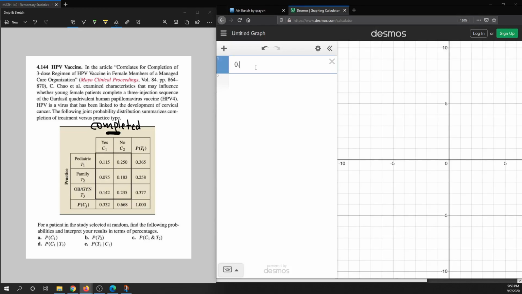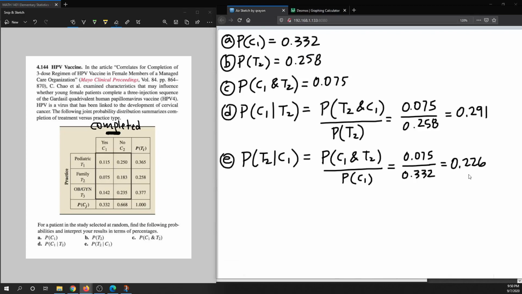All right, and then we would make that calculation. So 0.075 divided by 0.332, that's going to give us 0.226 to 3 decimal places. Okay, and so what does that number represent? And they want us to explain it in terms of percentages, right?